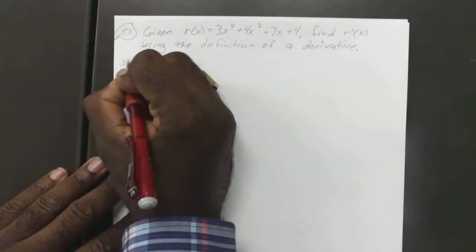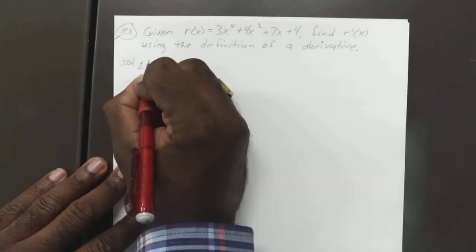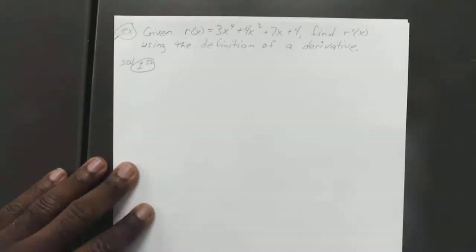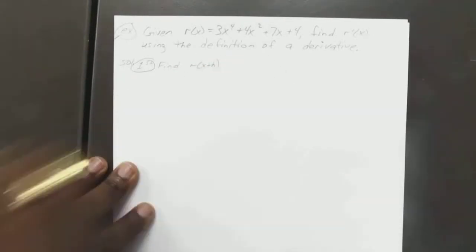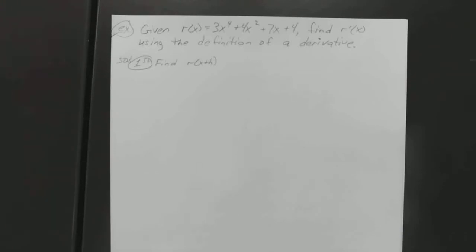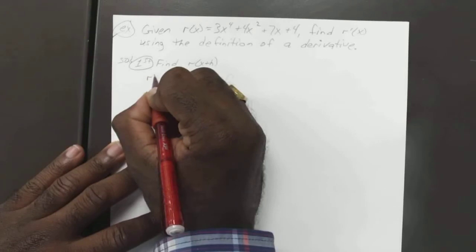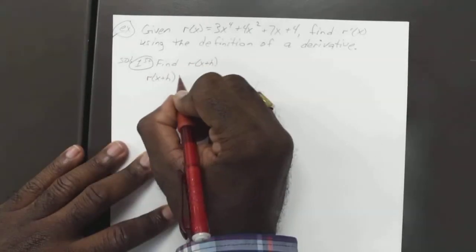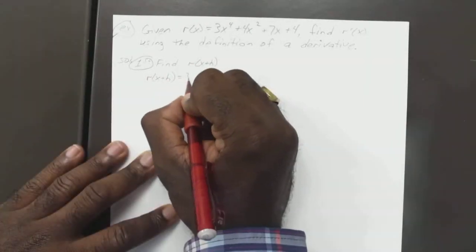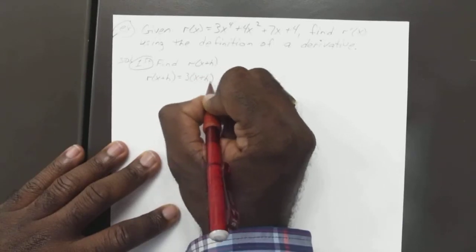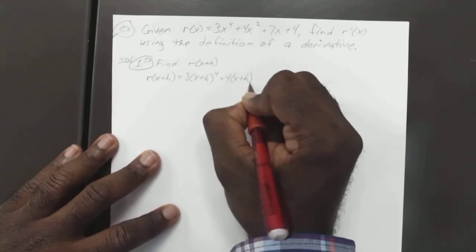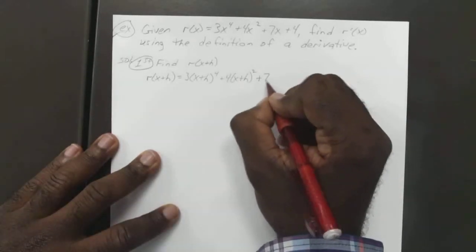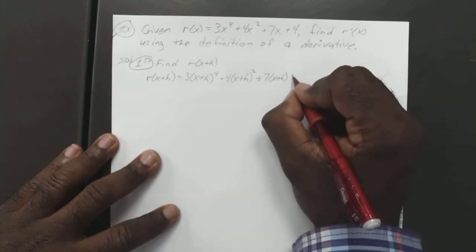All right, so first thing you want to do is find your r of x plus h. So that means your r of x plus h is going to equal 3 times x plus h to the fourth plus 4 times x plus h squared plus 7 times x plus h plus 4.